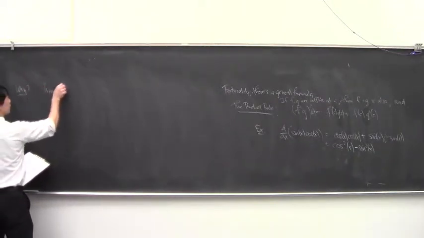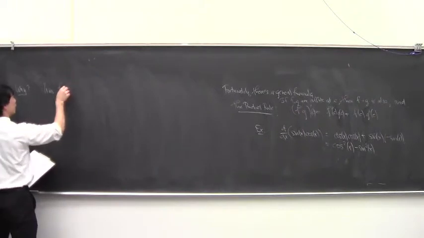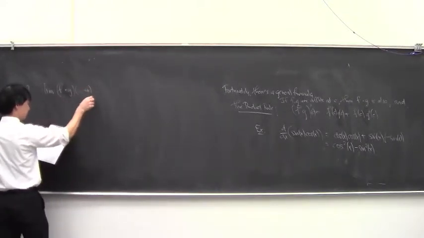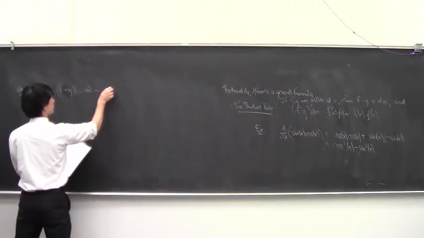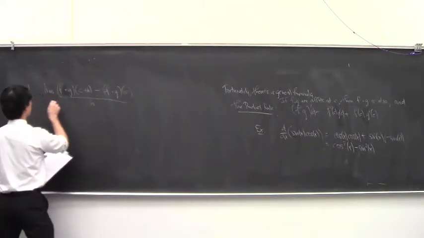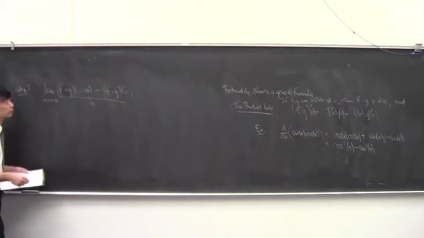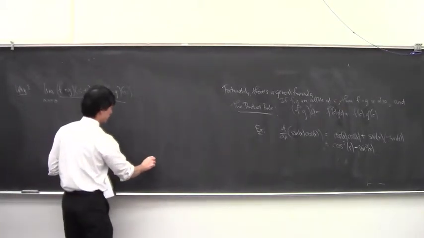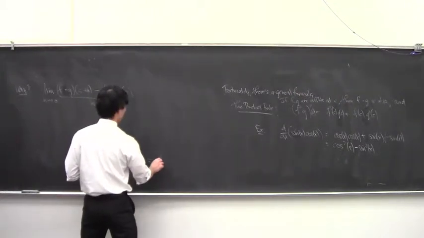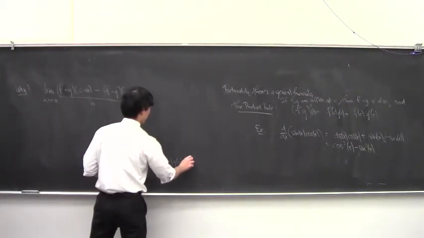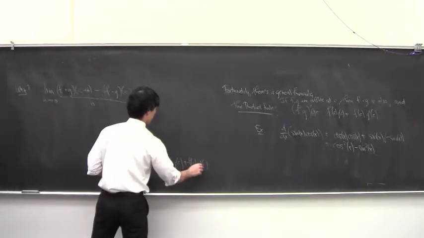Let's think about the limit of f times g of c plus h minus f times g of c, over h, as h goes to 0. What we're saying is that that's going to end up being f prime of c times g of c plus f of c times g prime of c.